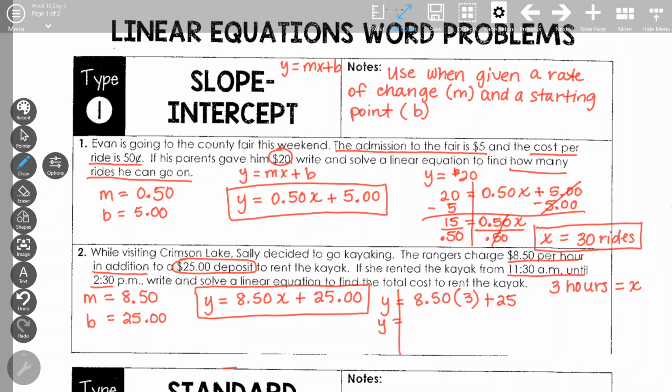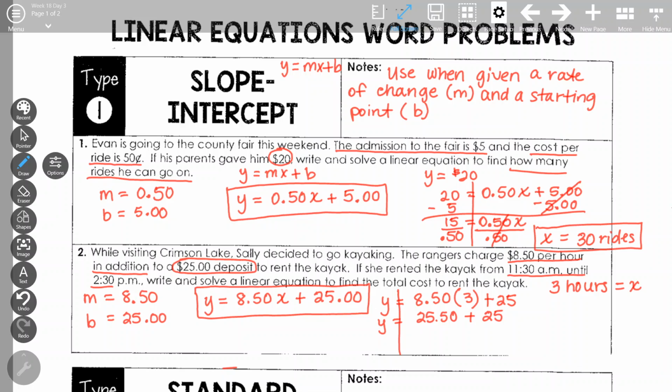All right, so get out your calculator. Make sure that you are looking at your calculator, not your cell phone. We've got $8.50 times 3, and that's going to give me $25.50. So $25.50 plus 25, because 25 is the starting point.